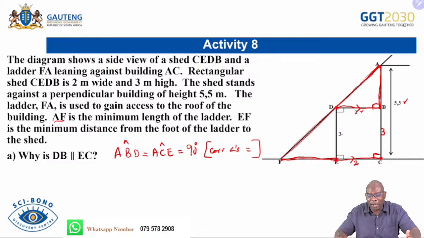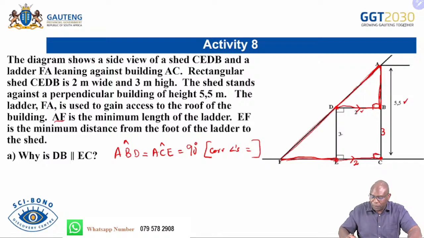So the reason there will be angle ABD equals angle ACE, which are both 90 degrees, so those angles are equal, they are corresponding, and the two lines are therefore parallel. I've said so much on this reason, but the simple explanation is that the two angles are equal and they are corresponding angles.